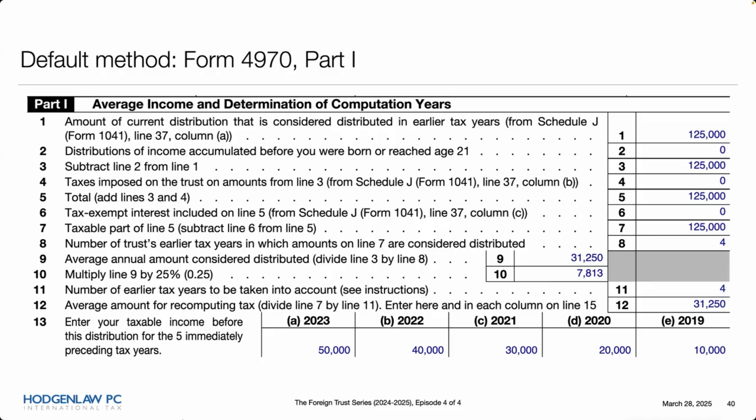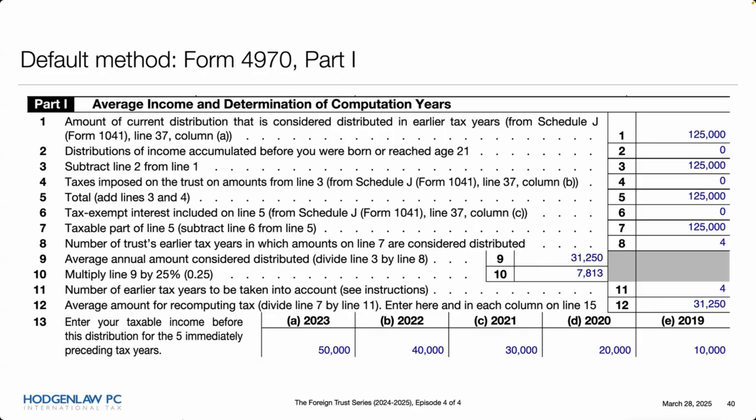Subtracting line 2, let's not worry about what it is. It doesn't apply under our facts. Line 3 is the subtotal. Line 4, again, doesn't apply under our facts. Line 5, again, is the subtotal. Line 6, again, doesn't apply under our facts. So line 7 is the subtotal.